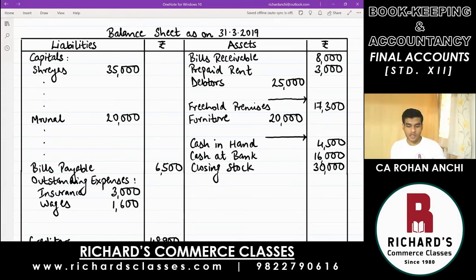Adjustments means all those figures which were not put earlier into your accounts. Now you have to write them. Which means they have to have the two effects, debit and credit. Writing on the asset side, that is your debit effect. And we have written closing stock, trading credit. So both are done. This adjustment is complete.